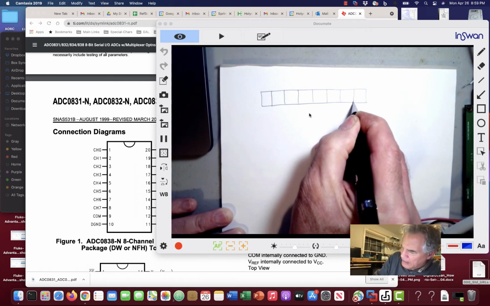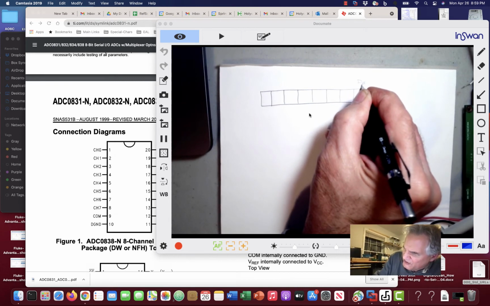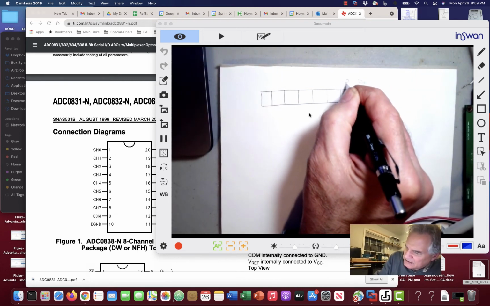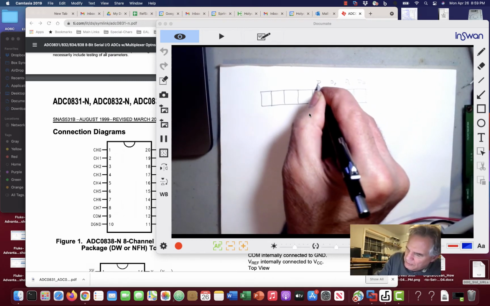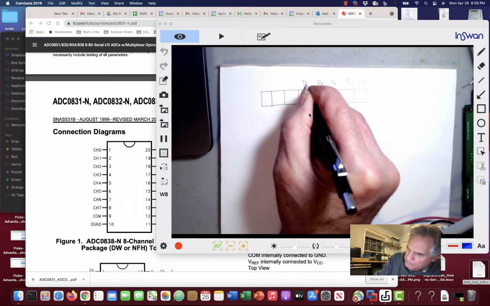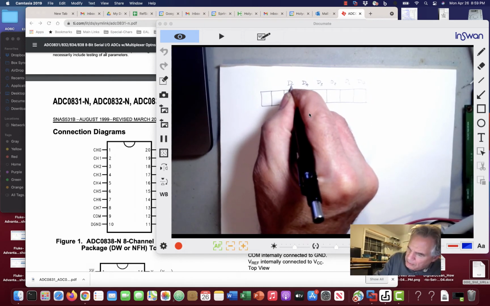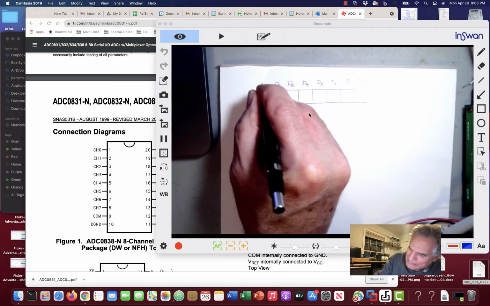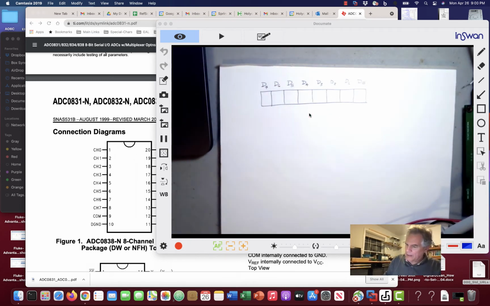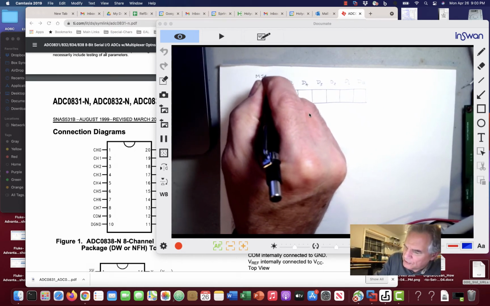There are 8 bits, and we number these D0, D1, D2, D3, D4, D5, D6, and D7, and we call this one our most significant bit.